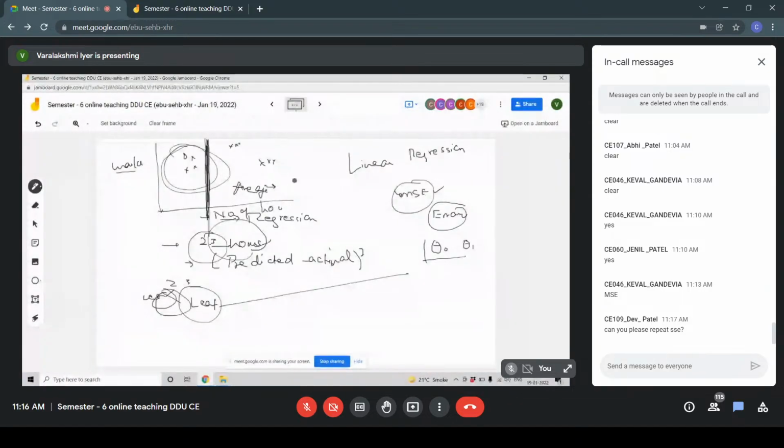For this particular split point I'll estimate the SSE, the sum of the square errors. For example, say the sum of the square errors for this particular point is 250. This is a value that you can get by subtracting the predicted value from the actual value.